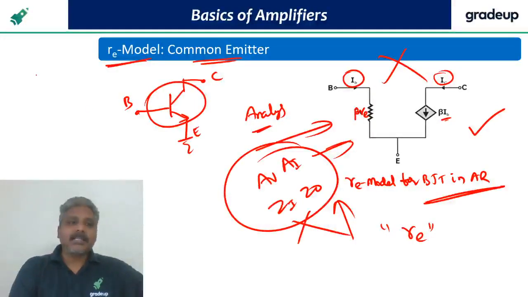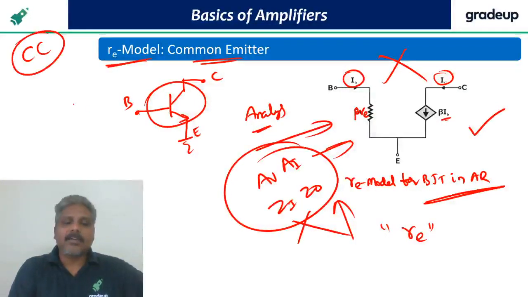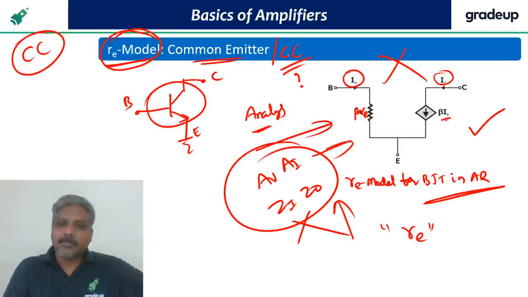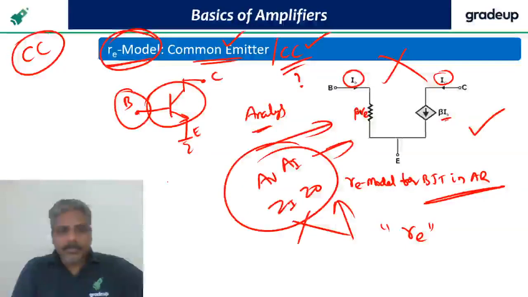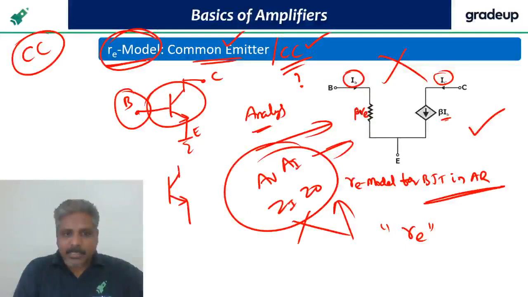So remember the RE model for common emitter and common base. For common collector, no need to remember another one, because the same RE model can also be used for common collector. Why, sir? Because the difference between common collector and common emitter is only where the output is. Input terminal is same. Suppose I say common collector, I only make this ground and here I take the output.